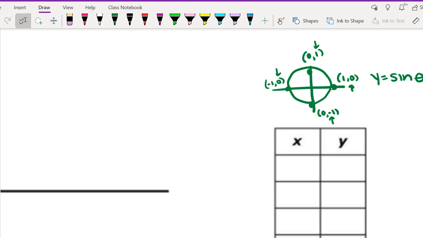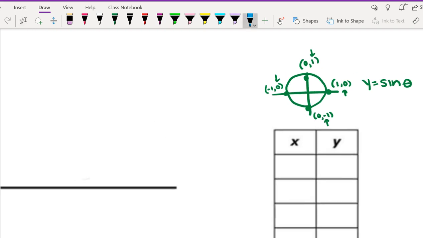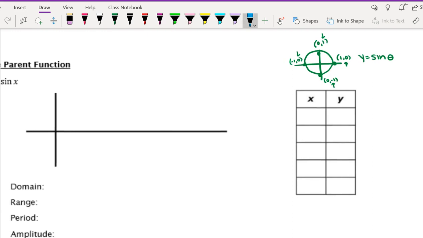At 270, it's negative 1. At 360, we're back to 0. And if we were to continue going other degree measures, we would also have those same 0, 1, 0, negative 1. Well, we are going to focus on radians, okay? So what we're going to notice is it takes me from 0 to 2 pi to get back to where I started. That is a periodic function.